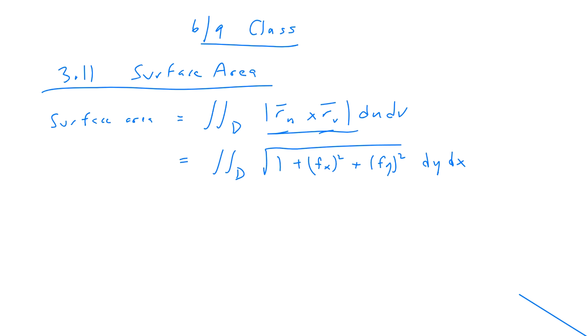So let me do an example. Actually, so I can fit it all in one, I'll do it on the next page. So here's the formula. Any questions on this? So let me go to a new page so I can fit the whole problem on it.